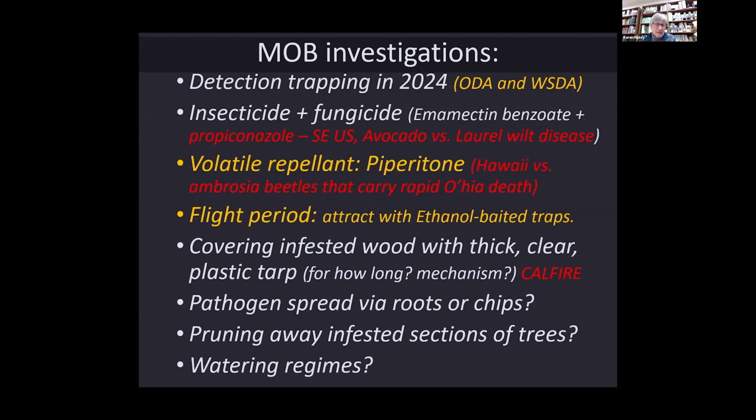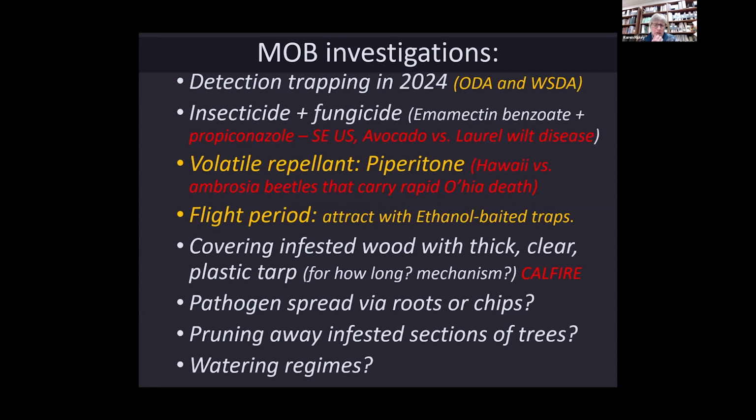They're doing some tests with insecticide plus a fungicide. The insecticide that's being used is emamectin benzoate, which is injected, and the fungicide is propiconazole, and that has a special license in the southeastern United States to protect avocado against the laurel wilt disease. We're not doing that here in Oregon.